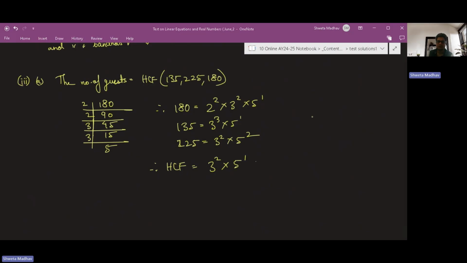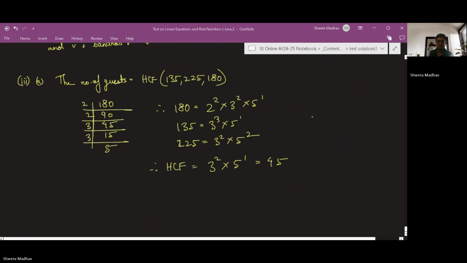So 3 power 2 into 5 is again 45. So hence the answer will remain the same: she can invite 45 guests at the most, since the HCF of all these three numbers is again 45.